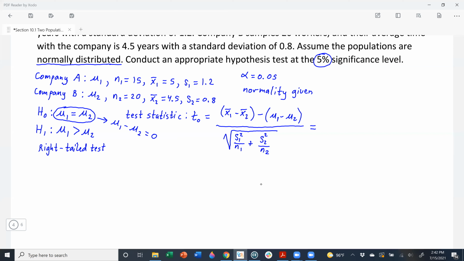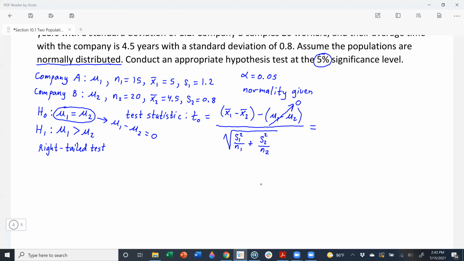So with that null hypothesis, we're assuming the difference between mu1 and mu2 is 0. And that's nice because in our test statistic, this part with mu1 minus mu2, the theorized difference in the population means, is just going to be a 0. So we don't even need to worry about it.